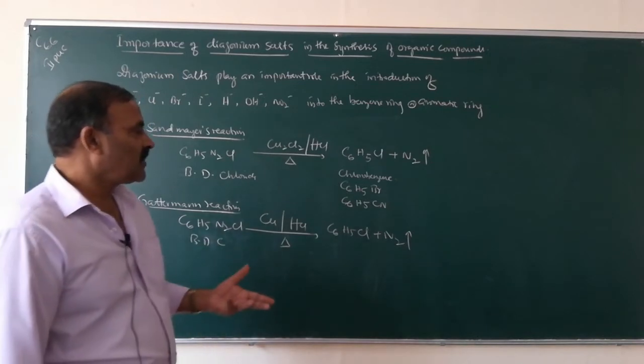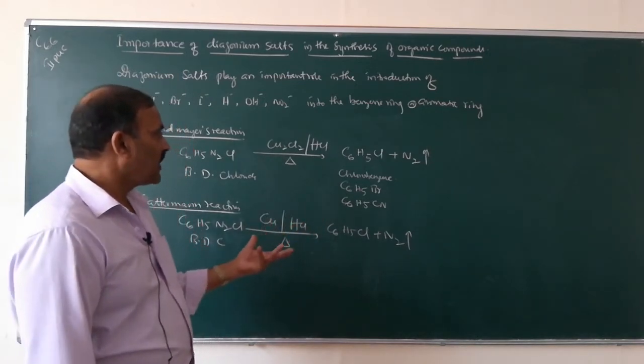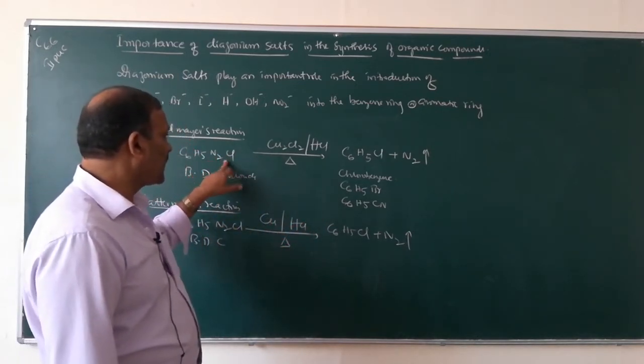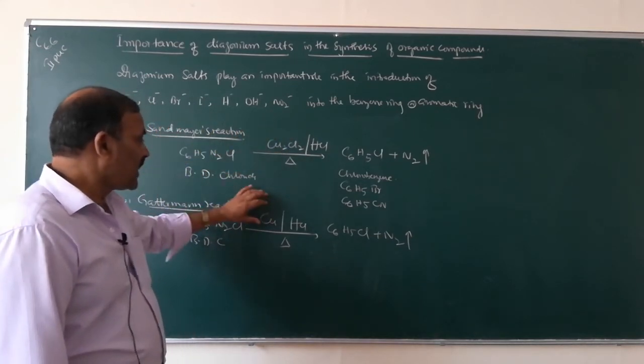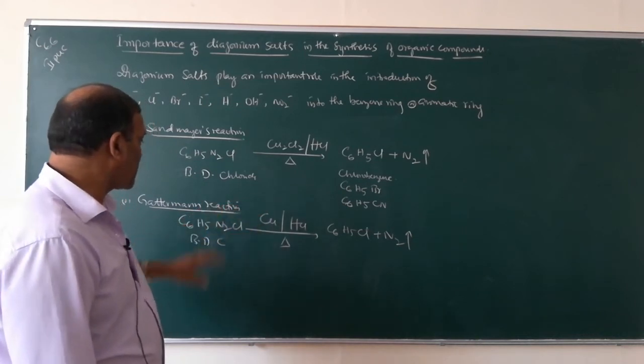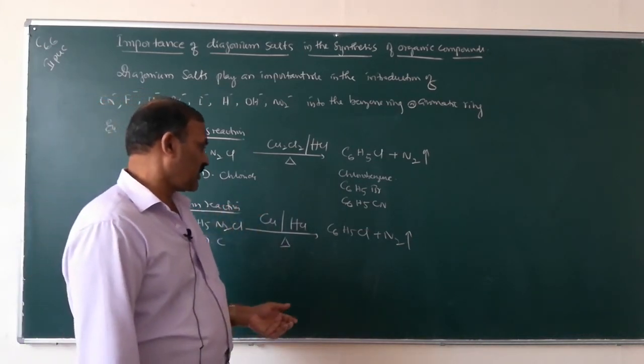Introduction of Cl minus, Br minus, CN minus into the benzene ring in presence of cuprous salt is known as Sandmeyer's reaction. In presence of copper powder is known as Gattermann reaction.